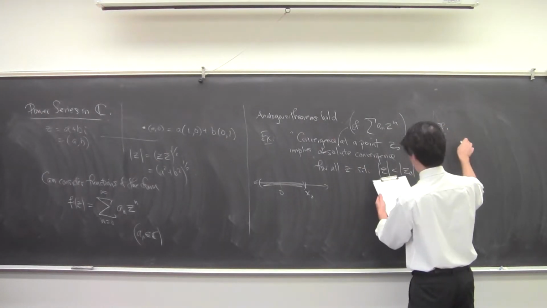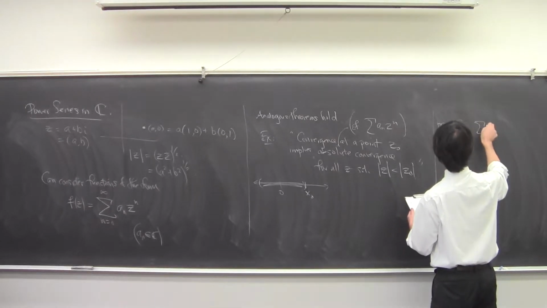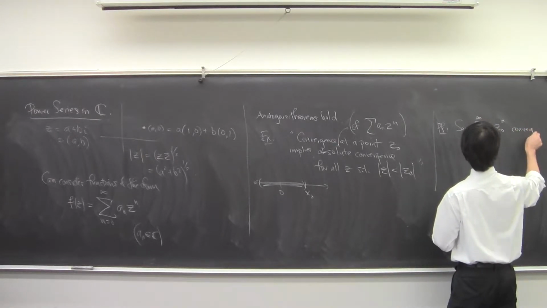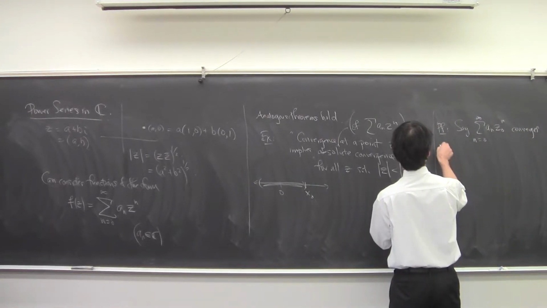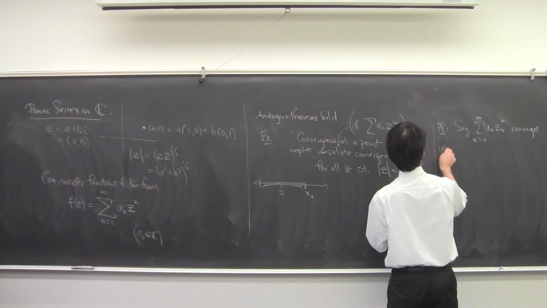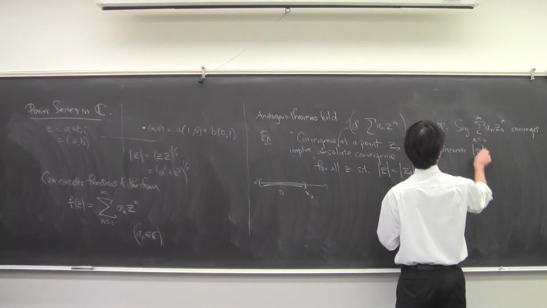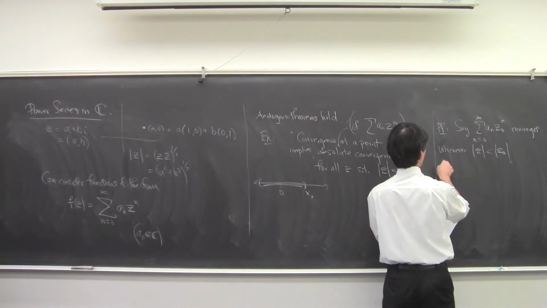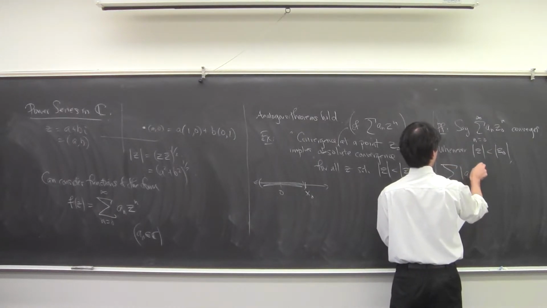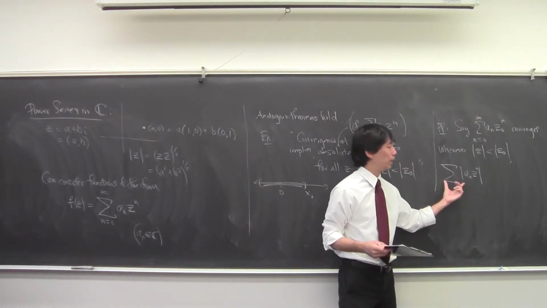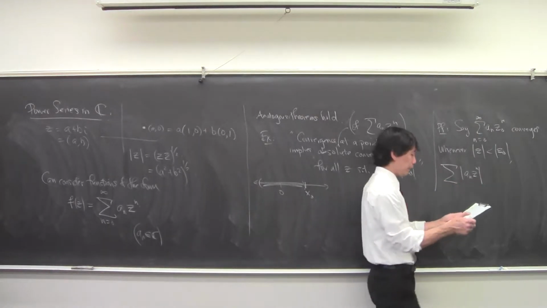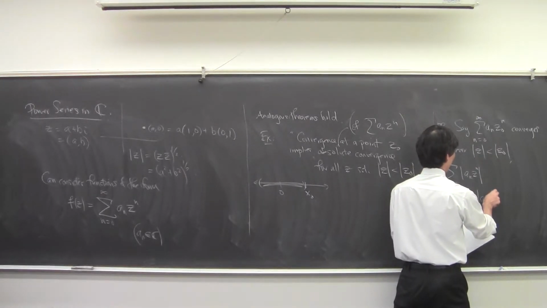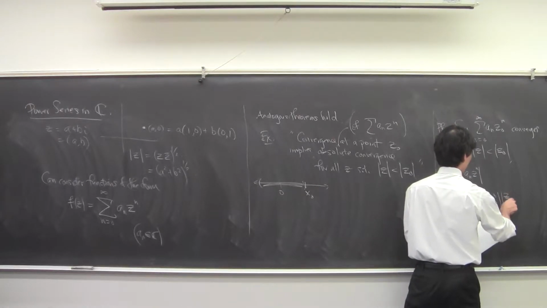If a sub n z naught to the n converges, then whenever the modulus of z is smaller than the modulus of z naught, we see that the sum of the absolute values equals the sum of a n z naught to the n times z over z naught to the n.